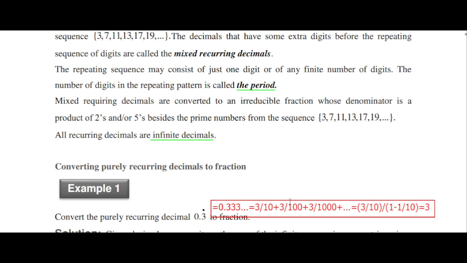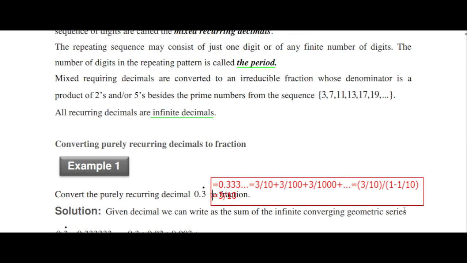3 over 10 over 1 minus 1 over 10, which is 9 over 10, in brackets.